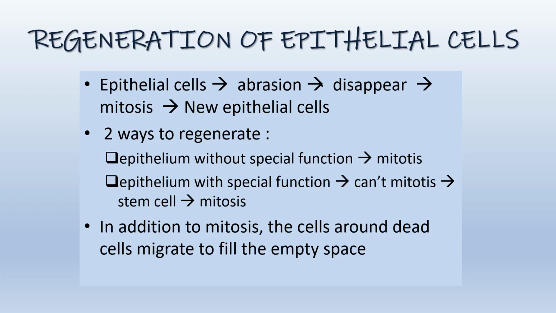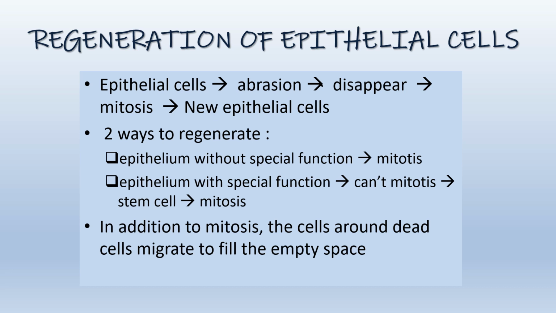If there is damage or cell death, the cell will undergo cell regeneration. Epithelial cells that undergo abrasion will disappear, while the remaining cells will undergo mitosis and produce new cells to replace damaged and dead cells. There are two ways of epithelial regeneration.